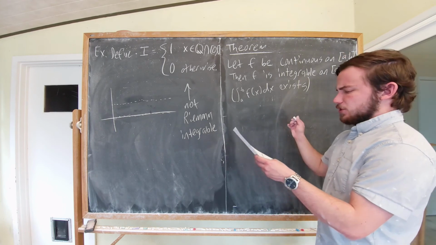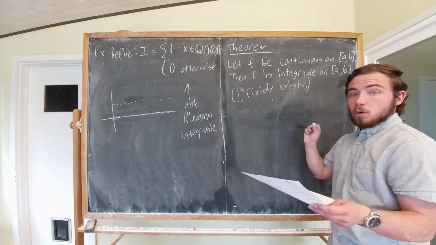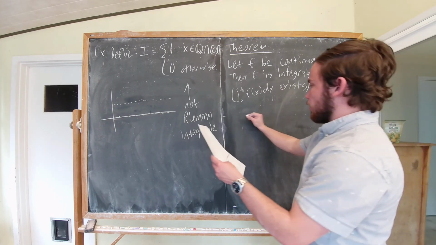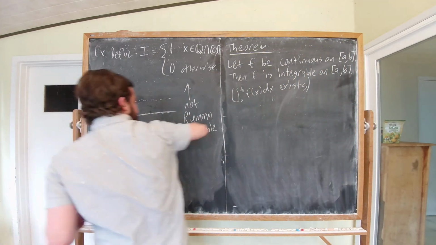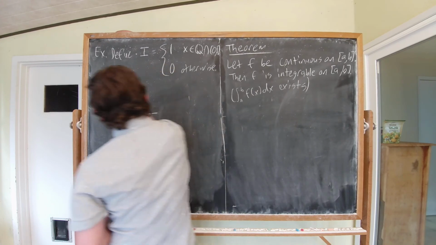So what does this allow us to do? It means that we can start quantifying the area under a curve for various functions. I'll use this space to draw the pictures.